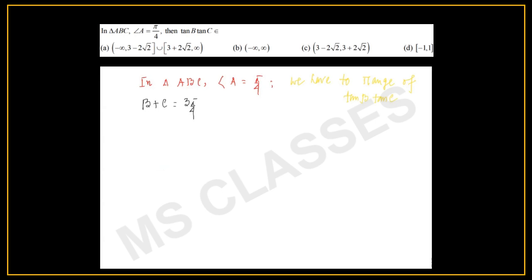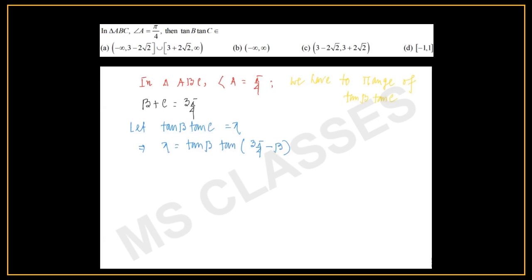We have to find here the product tan B tan C. So we can start it in this way: let tan B into tan C be equal to x. So we have to find the values of x. Now here we can say that x equal to tan B. Now tan C we can write as tan of 3 pi by 4 minus B. So we have reduced these in terms of only one angle.